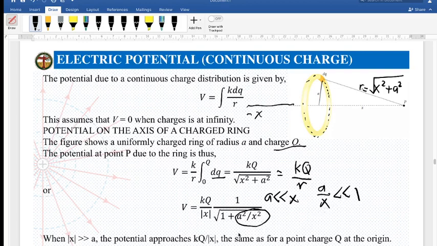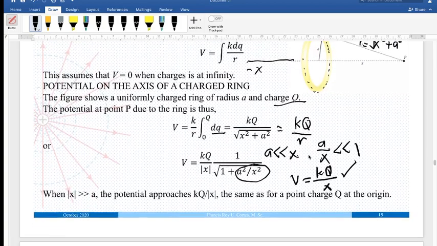And your V at large distance x, meaning your distance of P, is equal to kq over x. Okay, so this actually means it behaves like a point charge with total charge q.